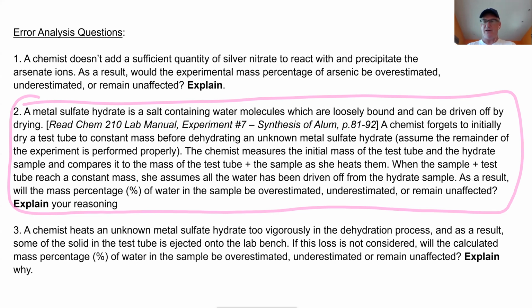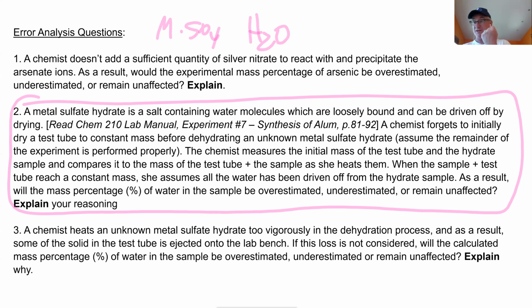A metal sulfate hydrate is basically a metal linked with a sulfate. It has an ionic bond with sulfate. Well, sulfate has so many charges on it, and it's very, very polar, that it attracts water.